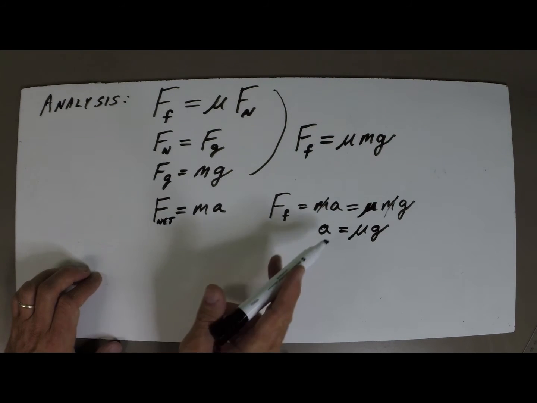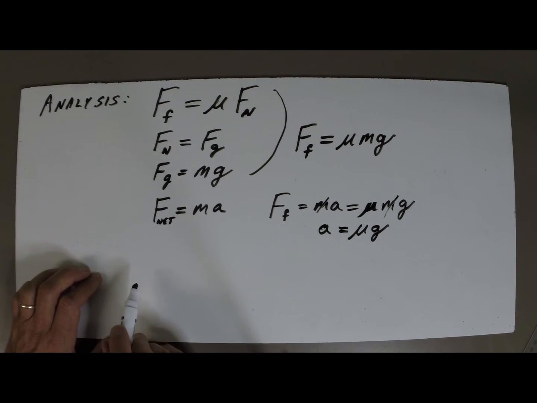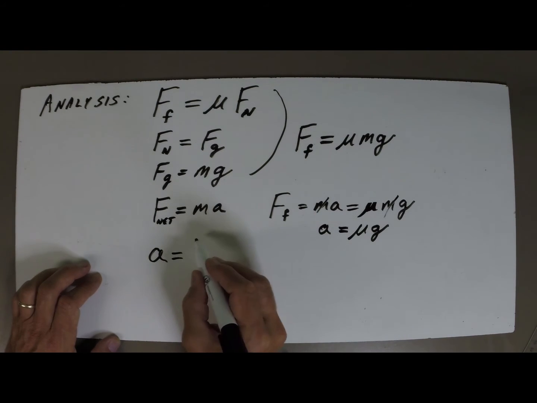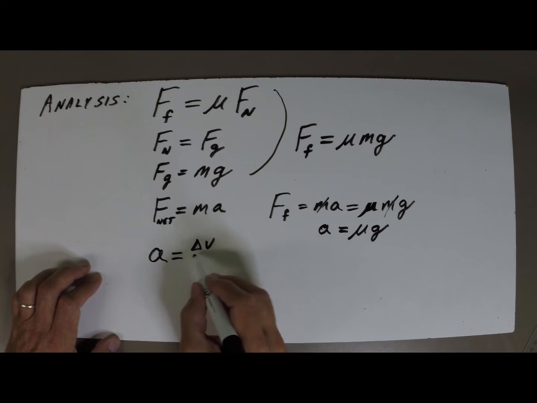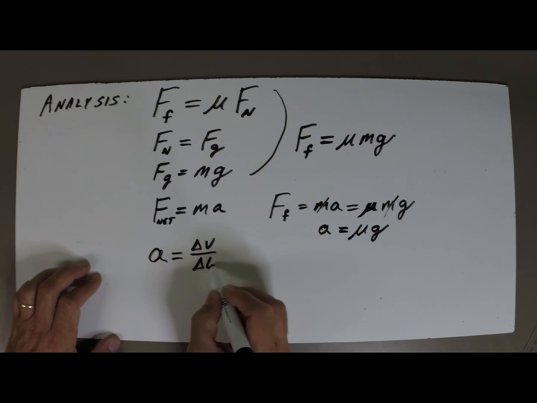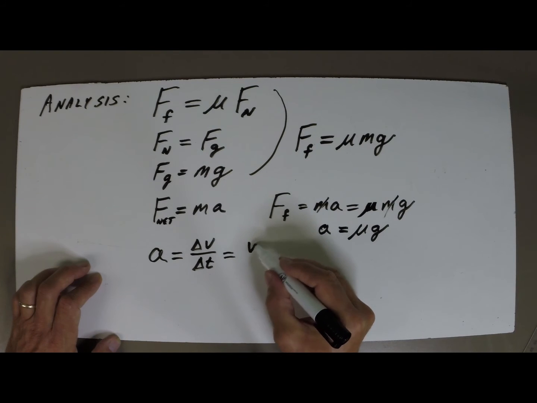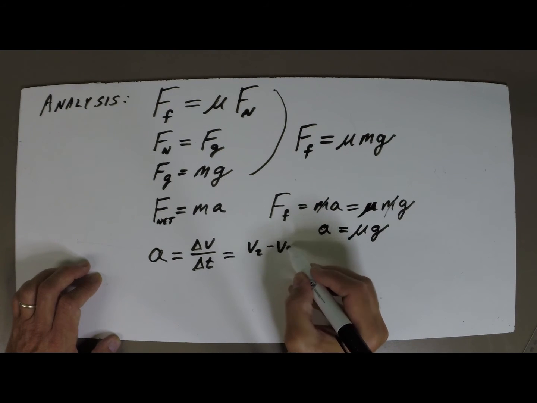Next step is to figure out our relationship of acceleration to the quantities that we are given, the change in speed and the time. So that's the definition of acceleration, delta v over delta t. And delta v is going to be v2 minus v1.